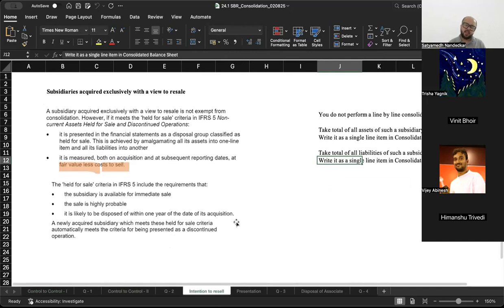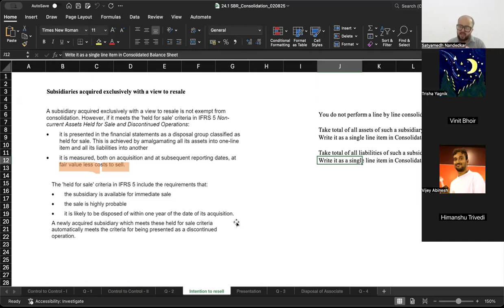If a subsidiary has been acquired exclusively with a view to resale, it is not exempt from consolidation. However, if it meets the held for sale criteria in IFRS 5, it is presented in the financial statements as a disposal group classified as held for sale, and it is shown in a different way, but consolidation still happens.